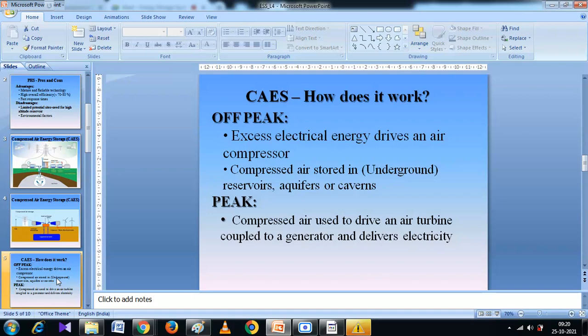How do we do that? Pooja Sharma, can you explain? Just explain what is the process or what is going on in compressed air energy storage system.